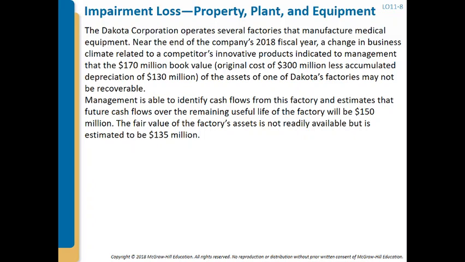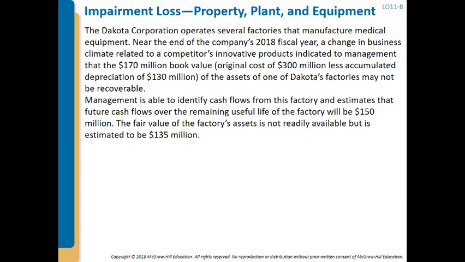All right, so step 1, estimation of, I assume, undiscounted future cash flows is less than the book value, 170 minus 150, so it's $20 million less.